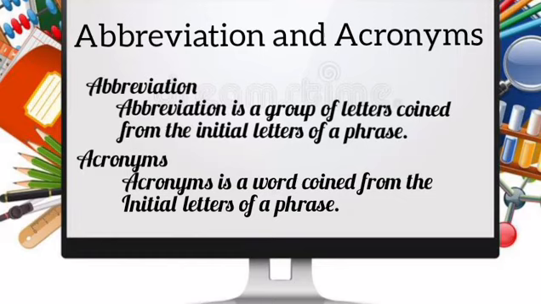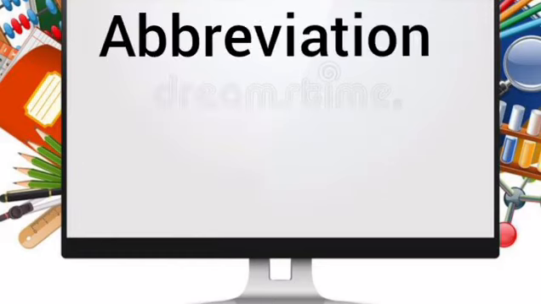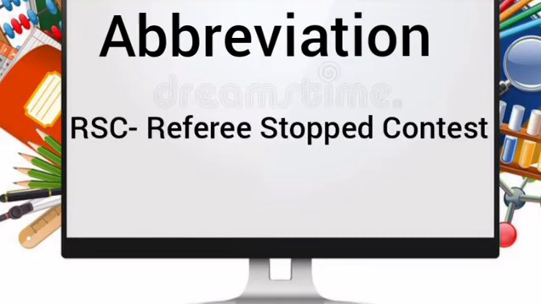Right. Okay, so now let me tell you a lot of examples for abbreviations. You must know some important abbreviations, but let me tell you from the textbook, which is there regarding your lessons, right? Know more about this, then you can go for the additional ones. Listen to the words. RSC means Referee Stopped Contest.